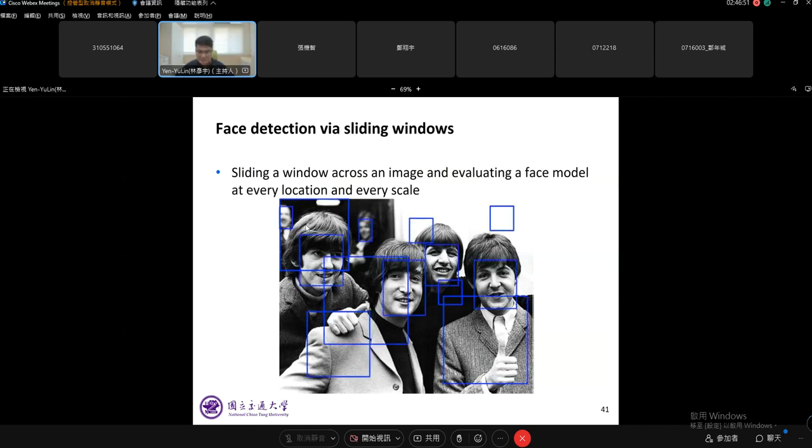Okay, this is the detection result. Most of the faces are detected, but this result is not perfect because there are some false positives. This is a false positive. This is a non-face region, but the detector said this is a face, so this is a false positive.